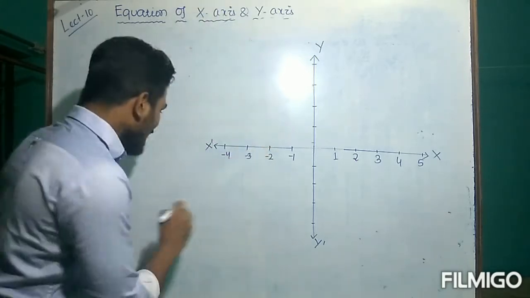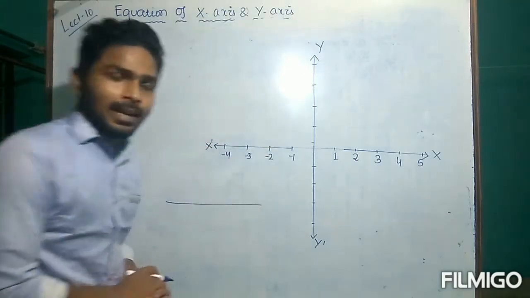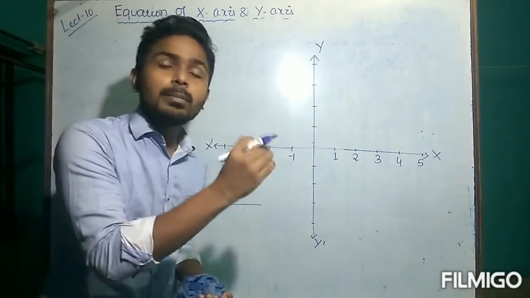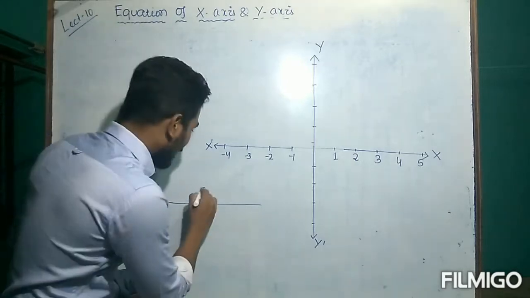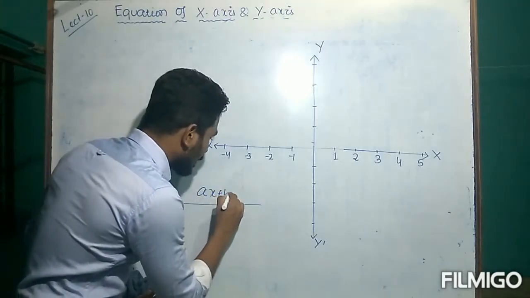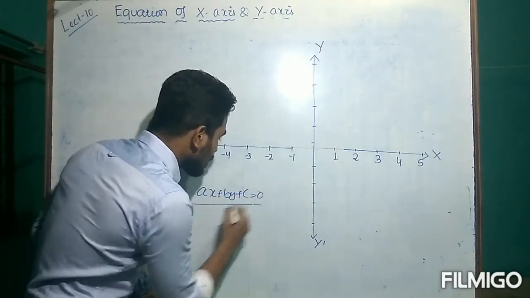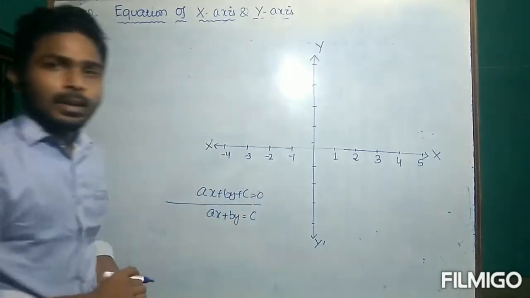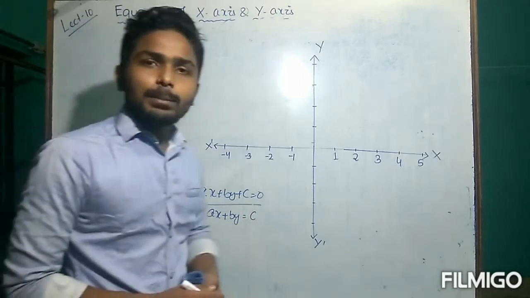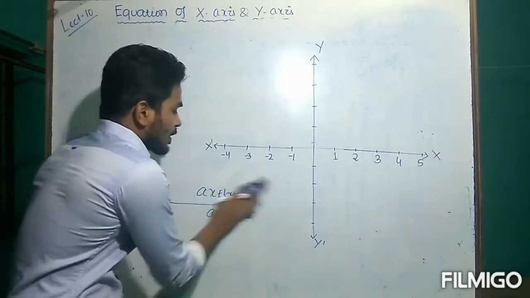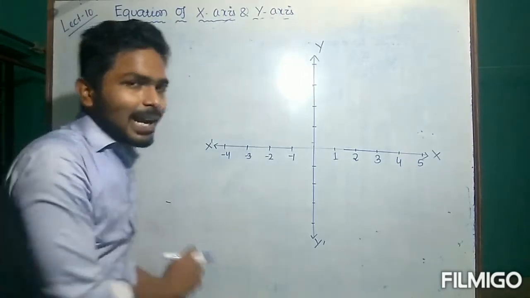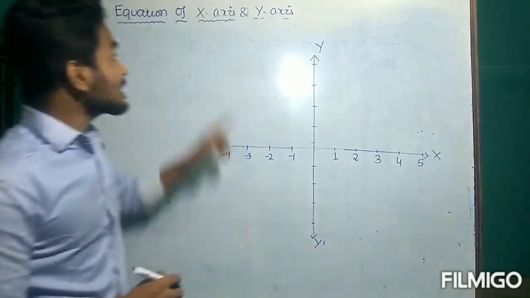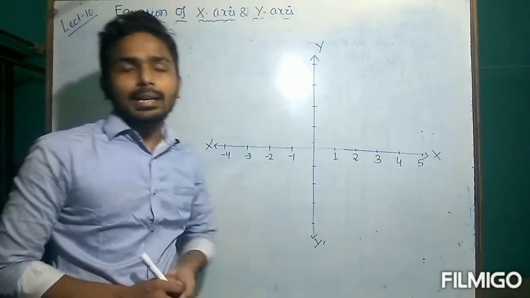If you draw any line on a plane, then it must represent an equation in the form of a linear equation, in the form ax plus by plus c is equal to 0 or ax plus by is equal to c. So every straight line will represent a linear equation. With this idea, today we are going to discuss the equation of x-axis and y-axis.